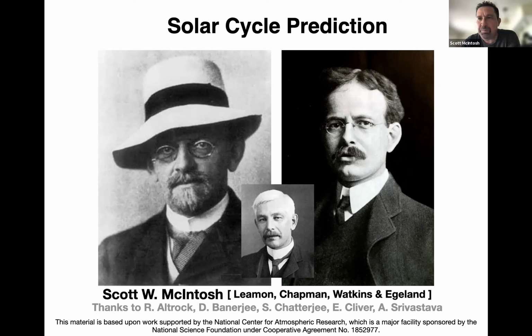The first slide has three dead guys. Most of solar physics involves dead guys. From left to right, David Hilbert, who's famous for time series analysis and a host of other things. Charles Tree in the middle, who was the director of the Kew Observatory in London.